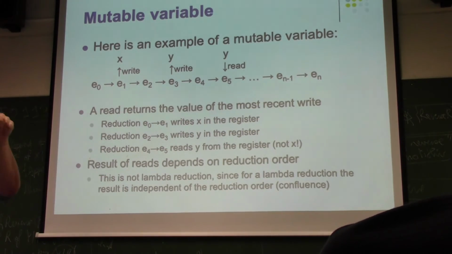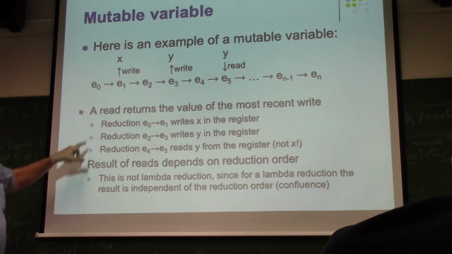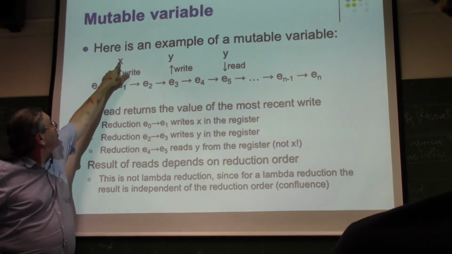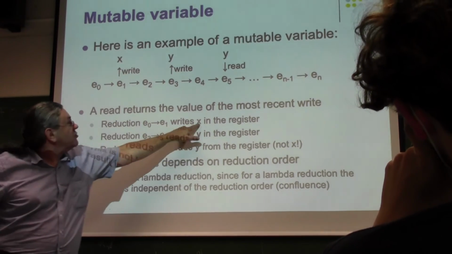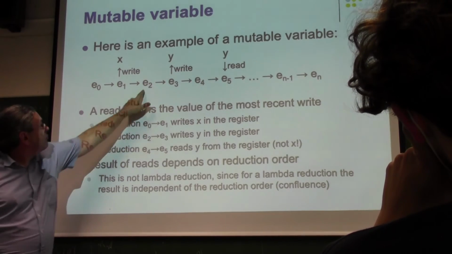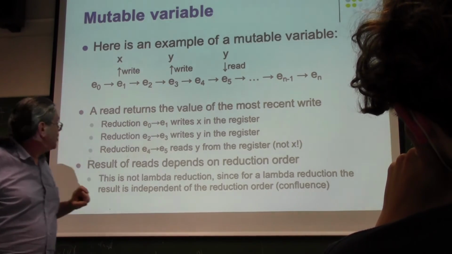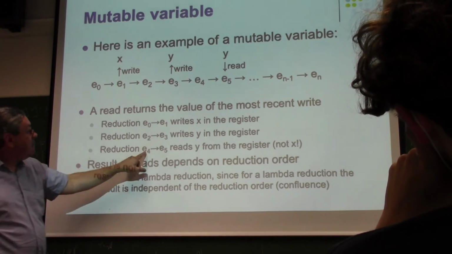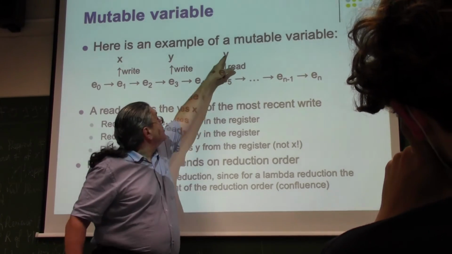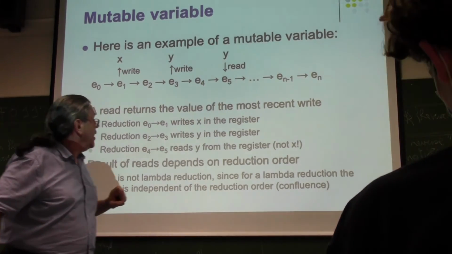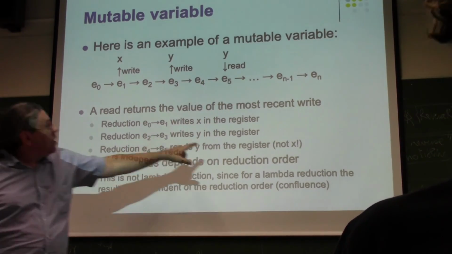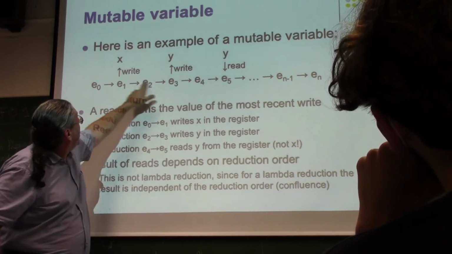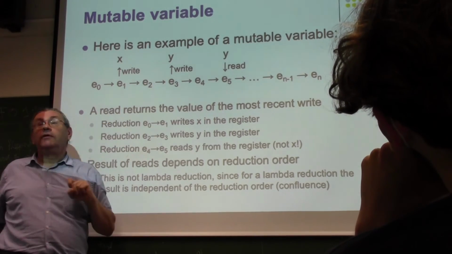If you write twice, the second one overwrites. So here, E0 to E1 will write X into the register. E2 to E3 will write Y into the register. And E4, E5 is doing the read, so you will actually read Y. And you read Y and not X, because the Y is after the X, so it's overwriting the X.